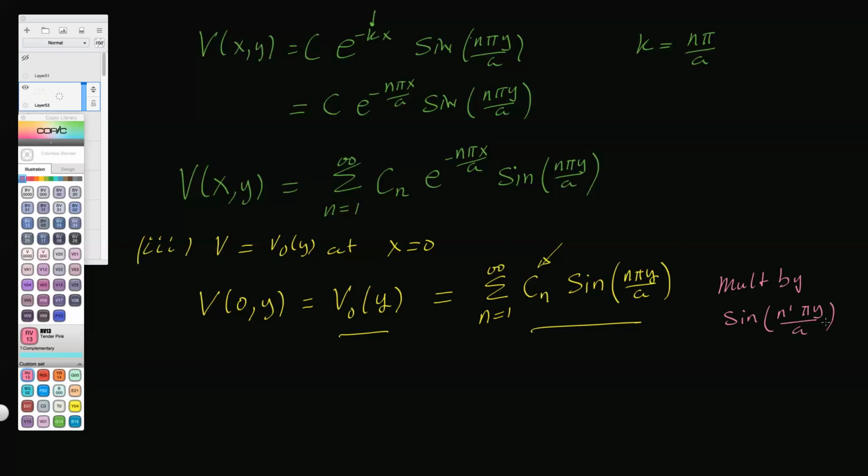So let's multiply both sides. On this side, I'm going to have the integral between 0 and a, that's the strip, and then we have v0 of y, whatever that is, like y squared plus 2.